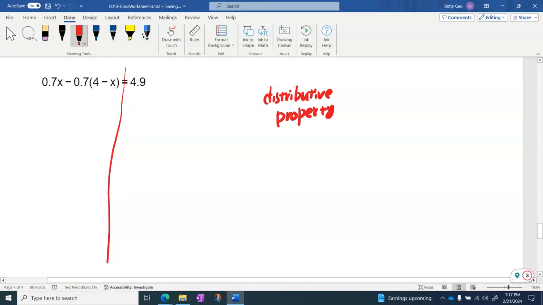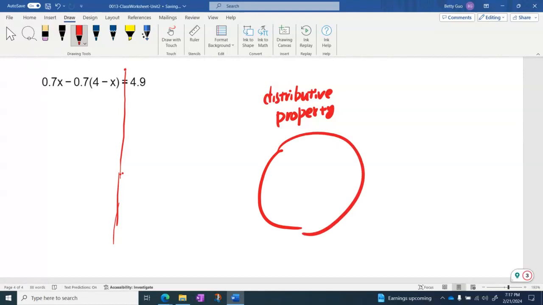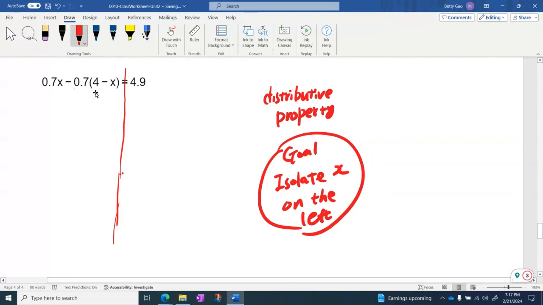The distributive property is used to remove parentheses. We must remove parentheses because our goal when we solve a linear equation in one variable is to isolate the variable x on the left, and the left side is so complicated.